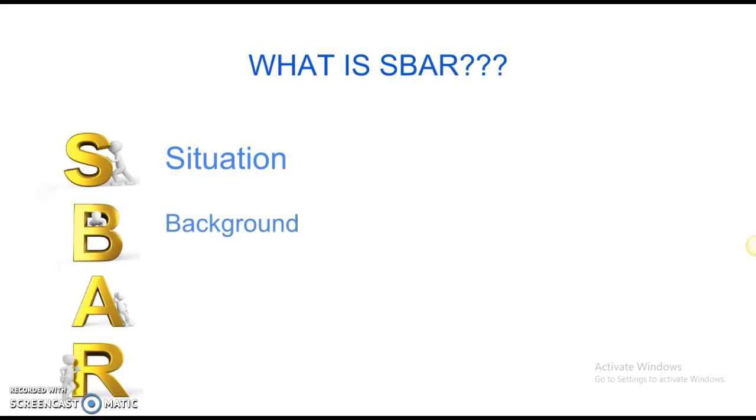And then background. Just give a brief description of the relevant history related to the condition of the patient. Because in the clinical setting, you're most likely going to be calling about a specific patient. So give a brief description of the relevant history. And the assessment. Your view of the situation.